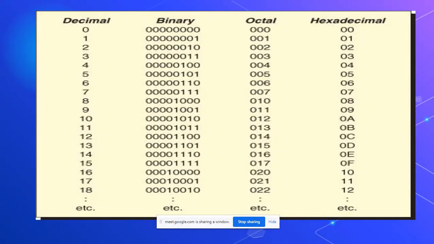So, para mas maintindihan natin to, yung comparison ng apat na ginagamit na machine language. Ito yung example ng machine language na kung saan nandito yung ating binary, decimal, octal, and hexadecimal.